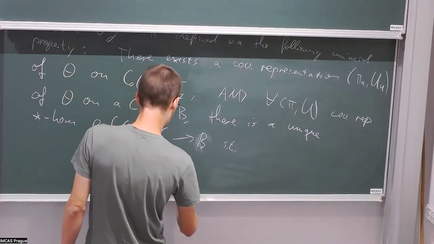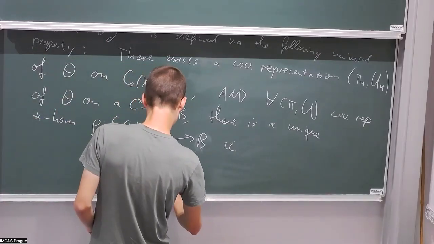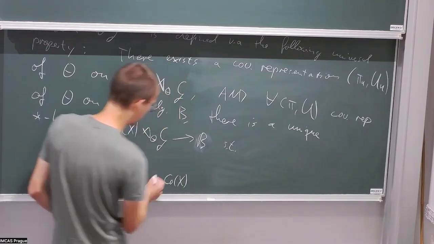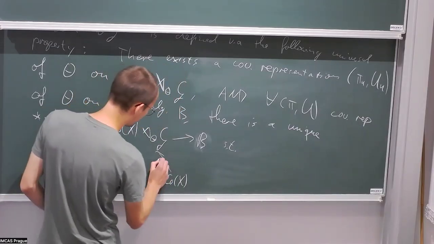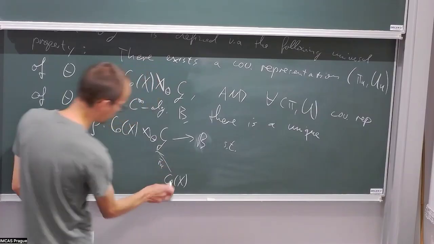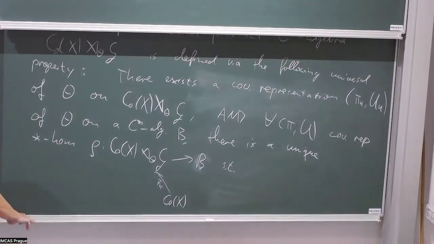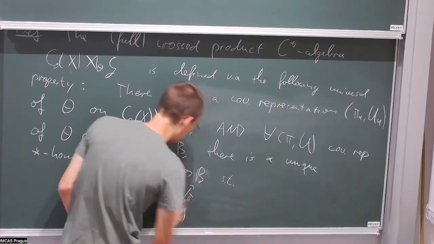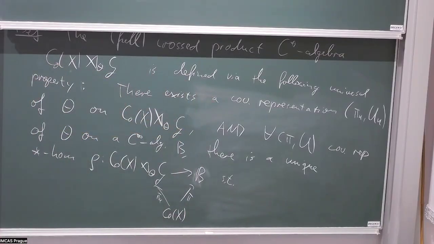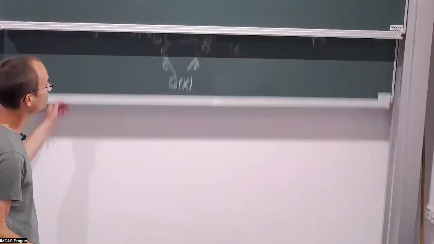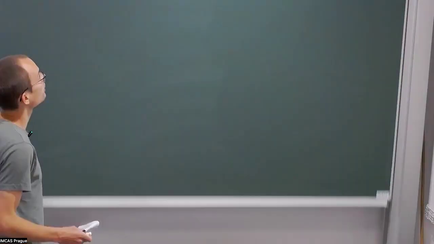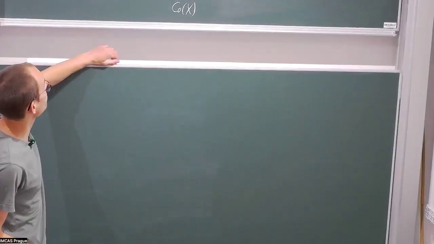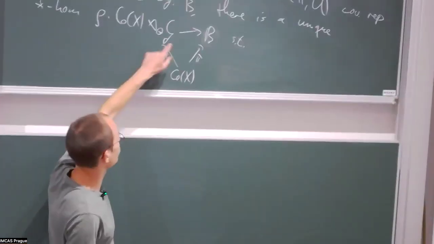So down here I could write C naught of X, and then I can go up using pi u, the universal covariant representation, or I can go up here and use pi, and of course that should commute.